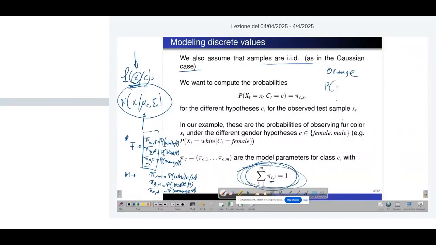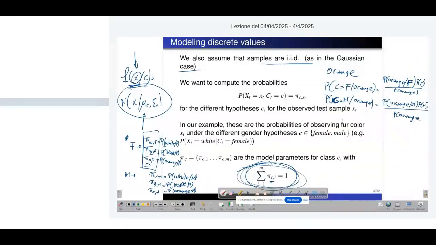Then I will want to compute the probability that the class is female given orange, and the probability that the class is male given orange, which is what? Probability of orange given female times probability of female divided by probability of orange. And this is probability of orange given male times probability of male divided by probability of orange.